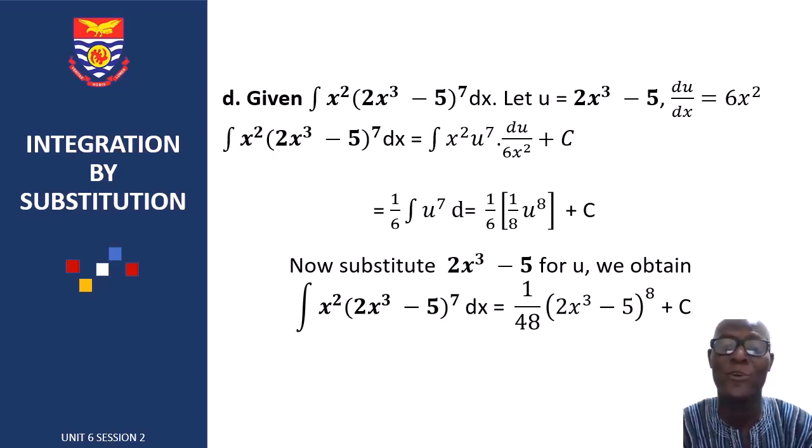So therefore, the integral of x squared into braces 2x power 3 minus 5 exponent 7 dx is equal to 1 over 48 multiplying into braces 2x power 3 minus 5 exponent 8 plus c, the constant of integration.